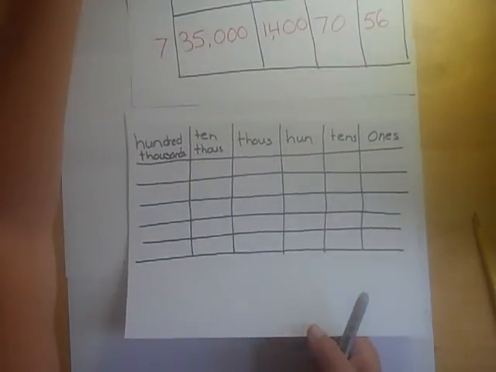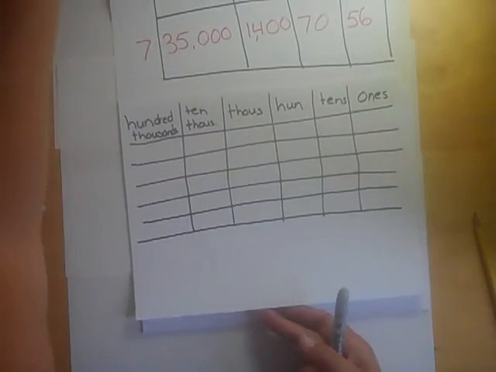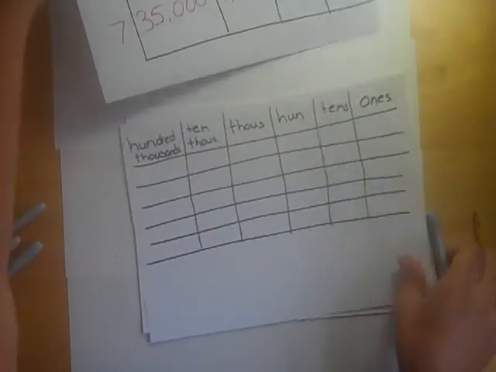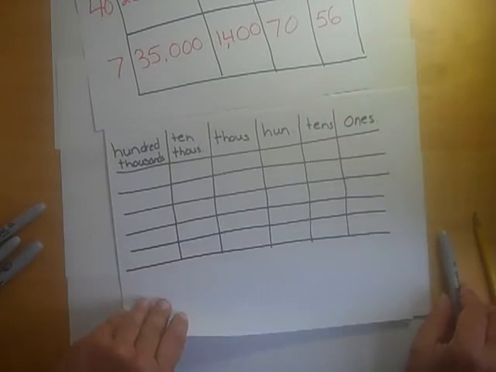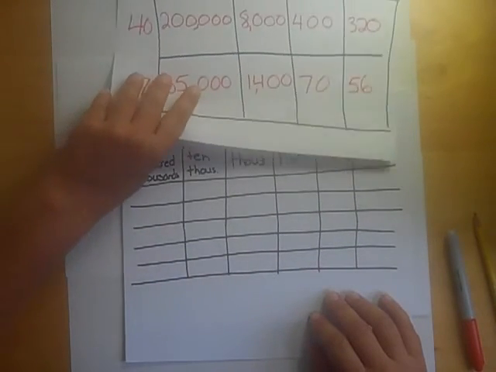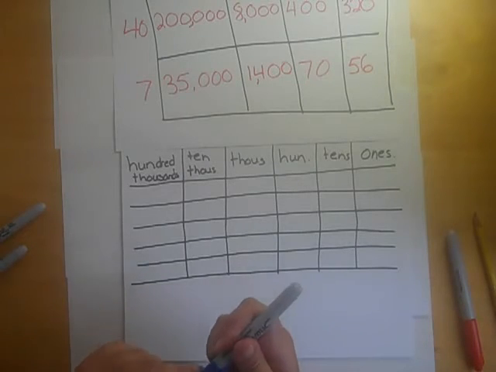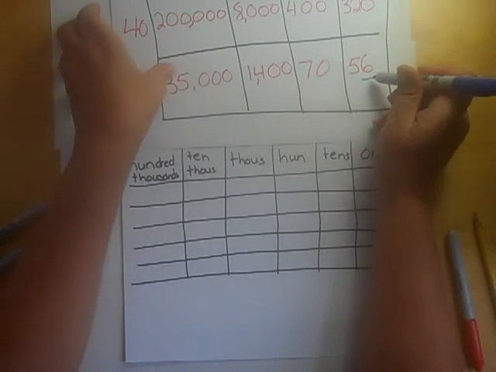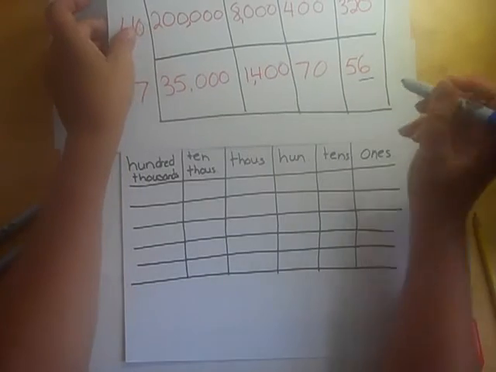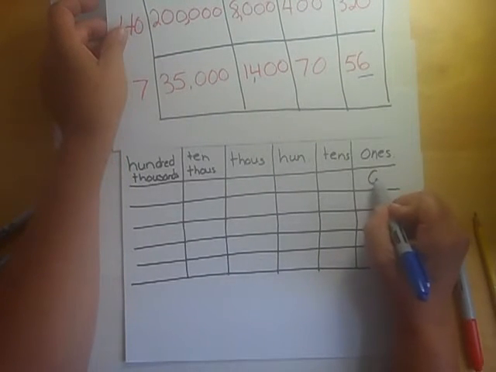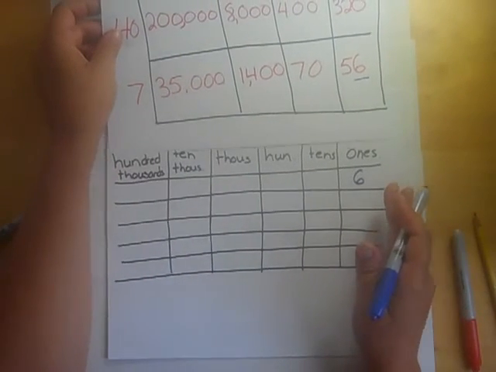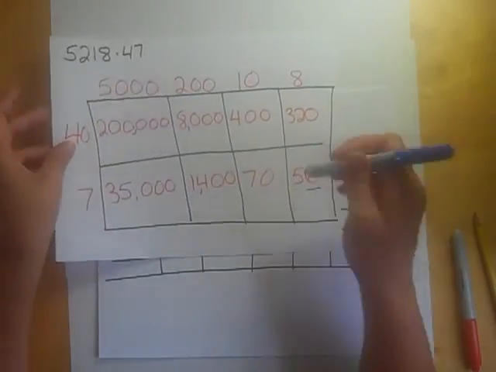Now let's fill it in on our chart. How many ones do we have? We have 6 ones. How many tens do we have?